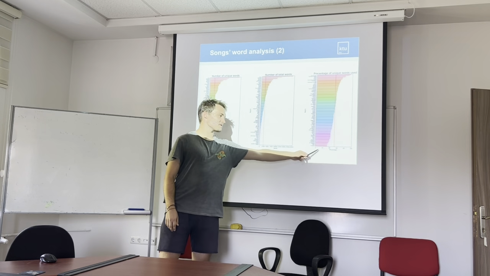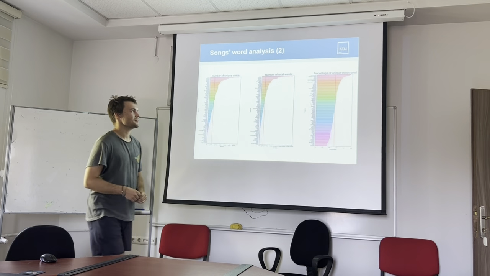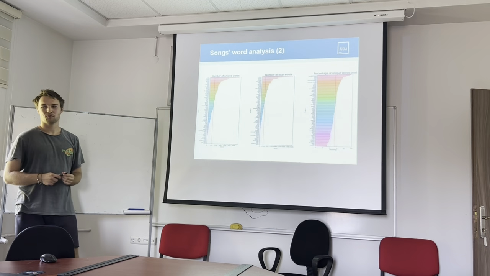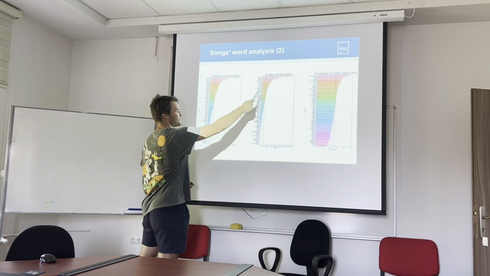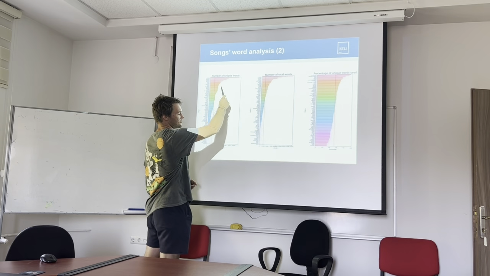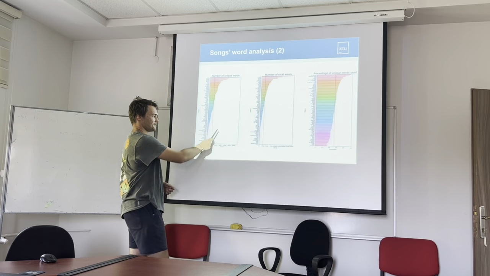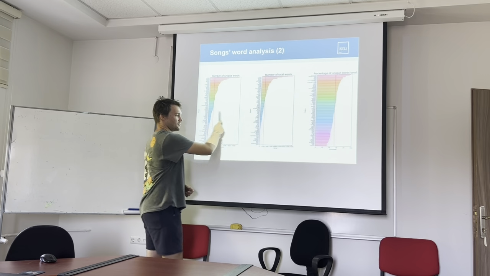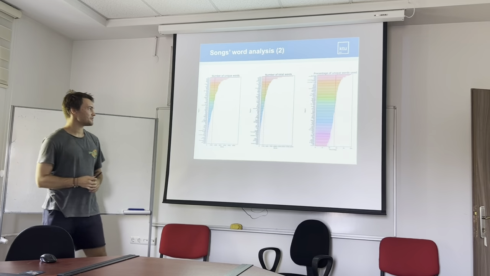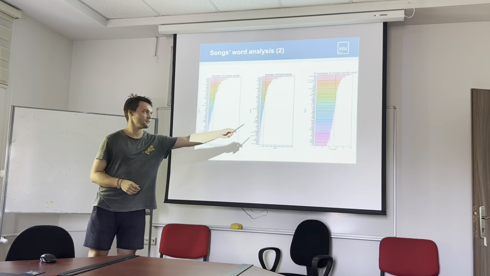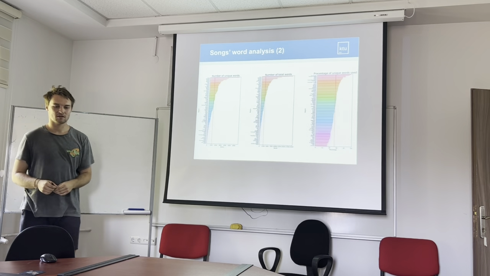And the last one, it's very hard to pronounce, but it's the percentage of unique words used. The red lines in all 3 graphs represent the average.